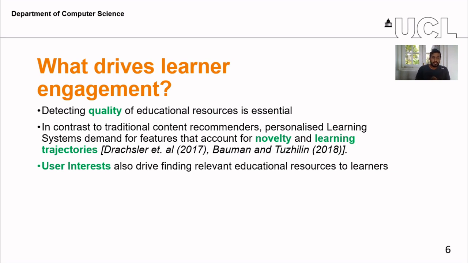So in terms of doing that, when you look at the literature, you can find that there are several factors that affect people engaging with educational materials. One of them is the quality of the educational resource. Then when you learn about things, you need to have some element of novelty. What that means is when you consume an educational resource, you're motivated to learn something new, so you expect novelty.